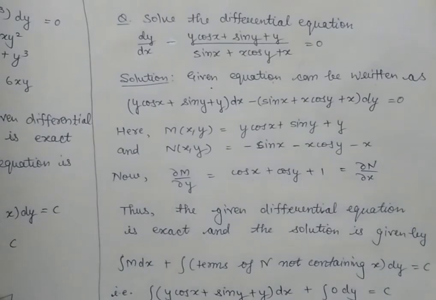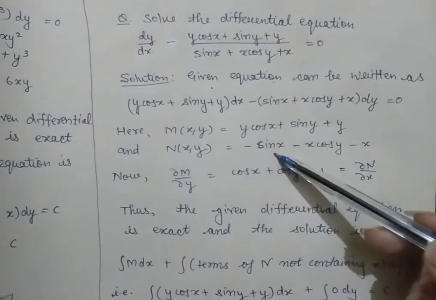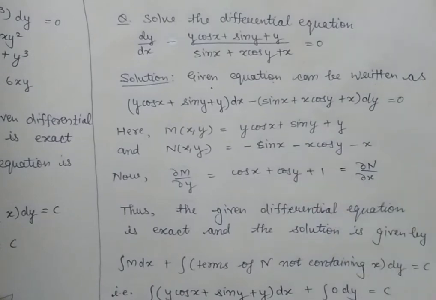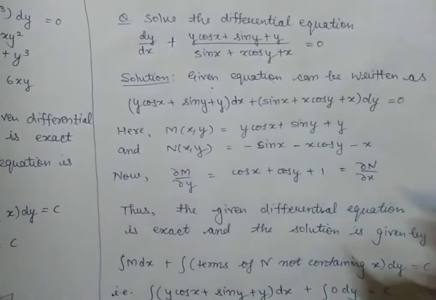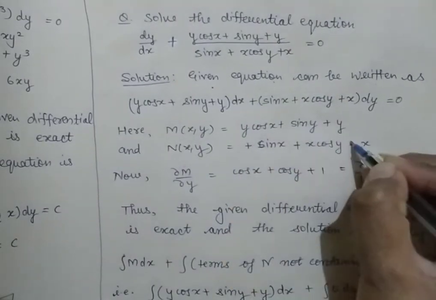Now if we differentiate N with respect to x. So this is minus cos x. Please make correction, here we have a plus sign everywhere, so this is plus.